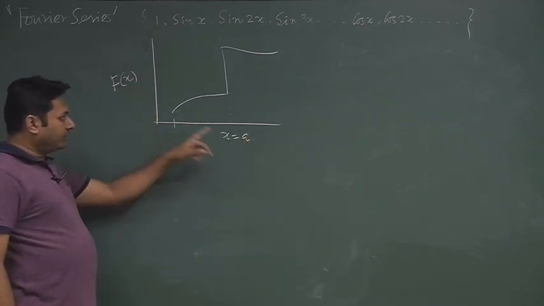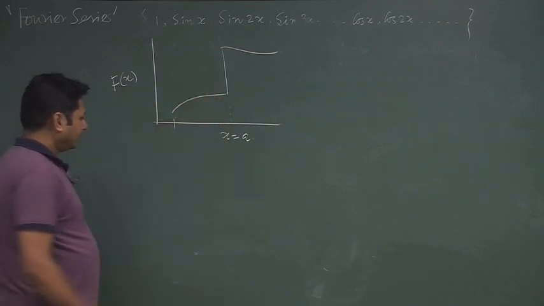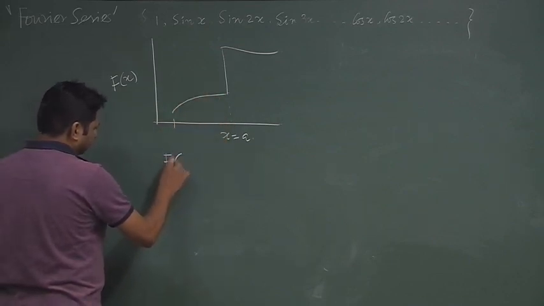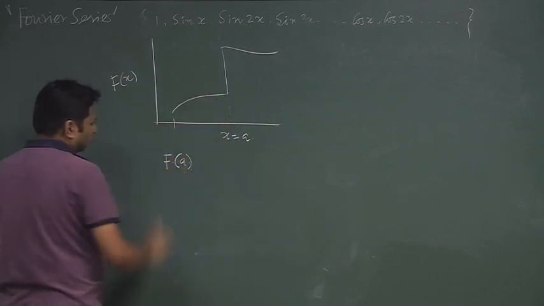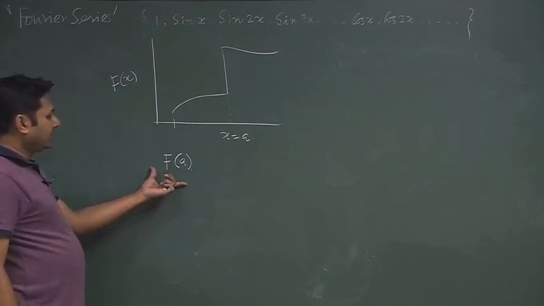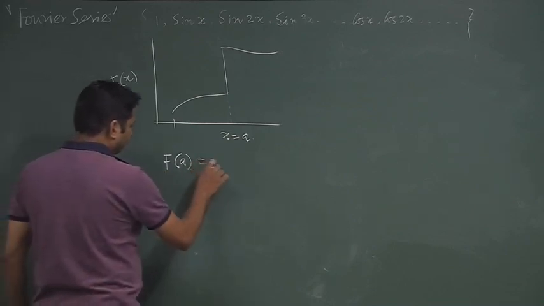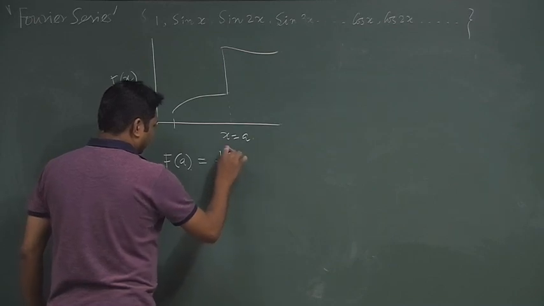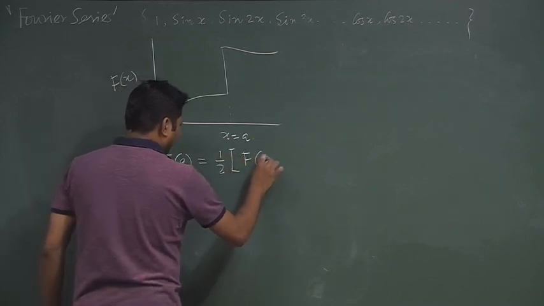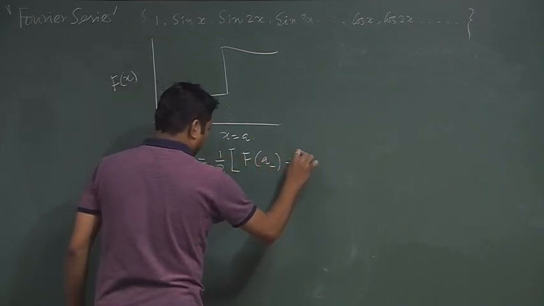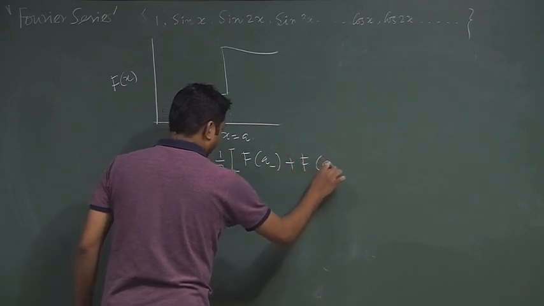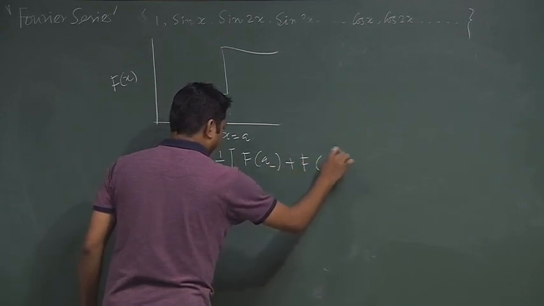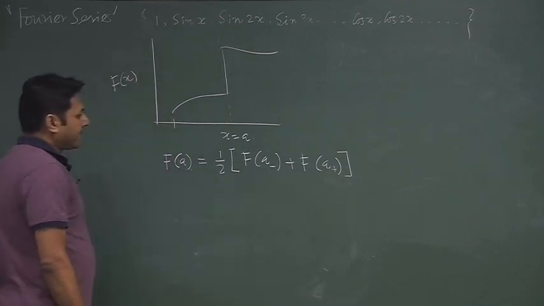So, the value at this discontinuous point will be the average of these values.